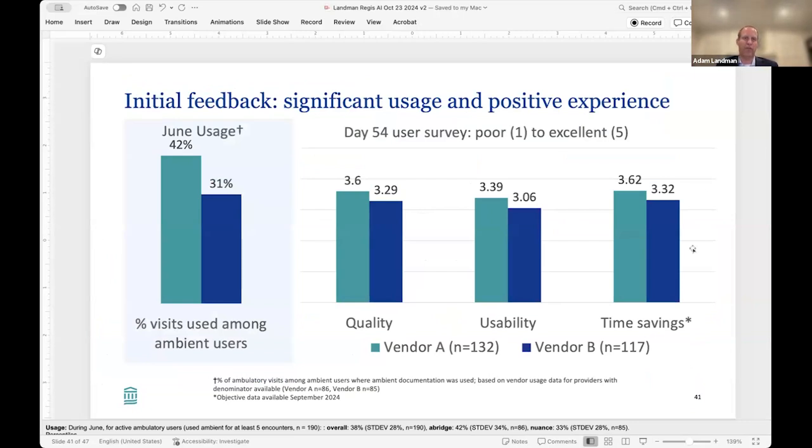This is some data from the summer, and we're seeing that these ambient tools are being used in anywhere from 30 to 40% of the ambulatory visits. And you can see on a scale of 1 to 5, that our users find the quality, the usability, and the time savings pretty good. Not perfect, but pretty good. The difference between the green and the blue are the two different vendors. There's slight difference, but very, very similar.